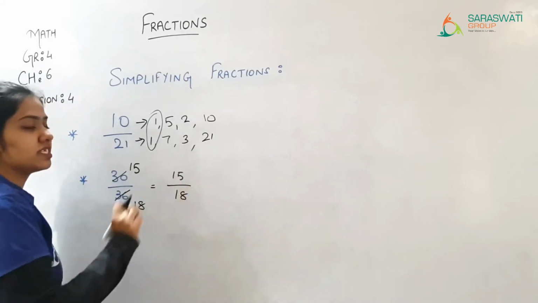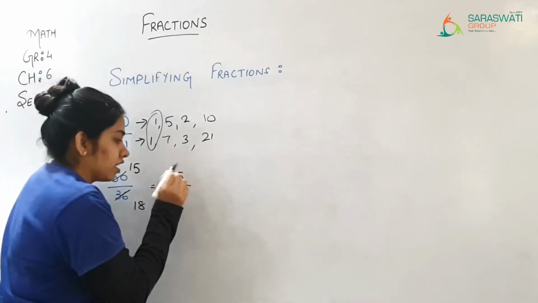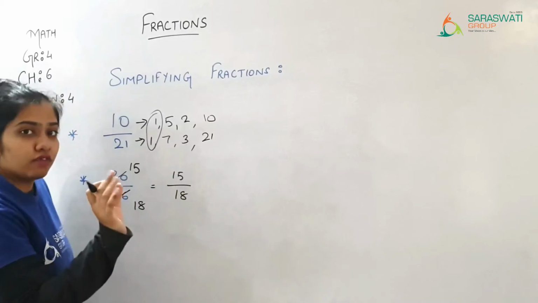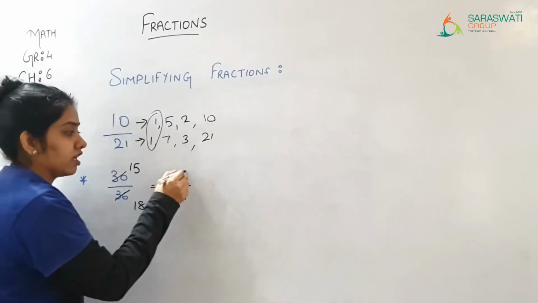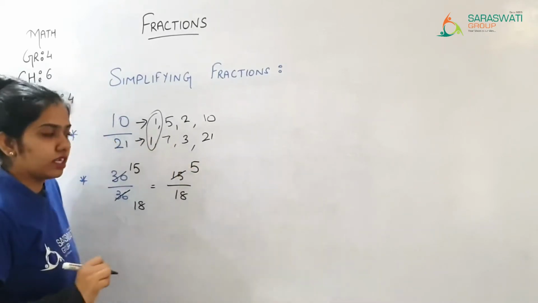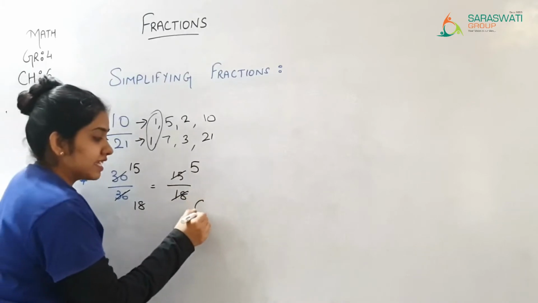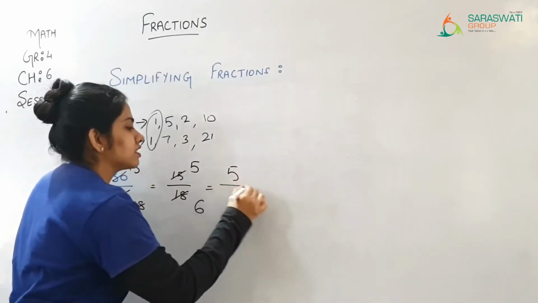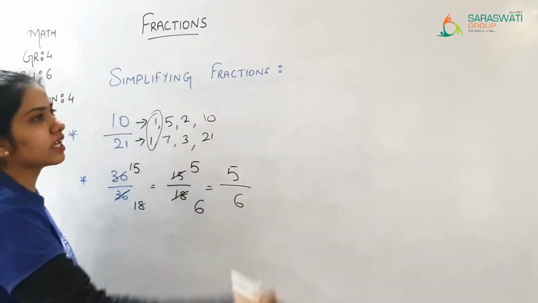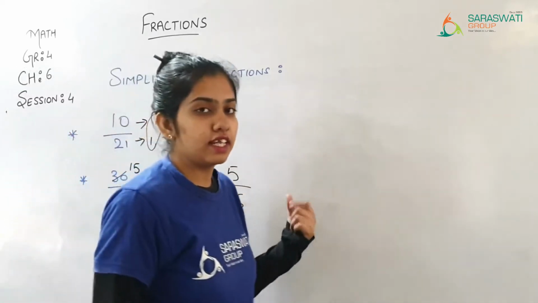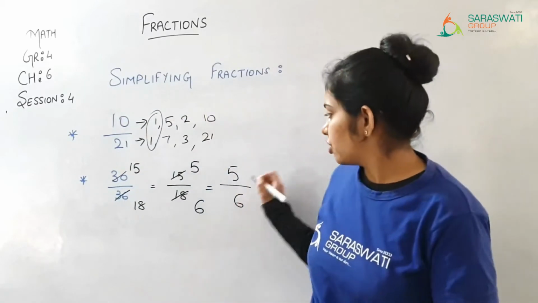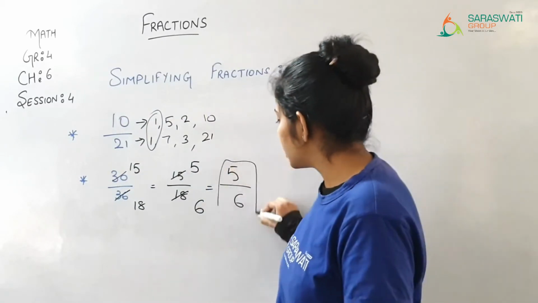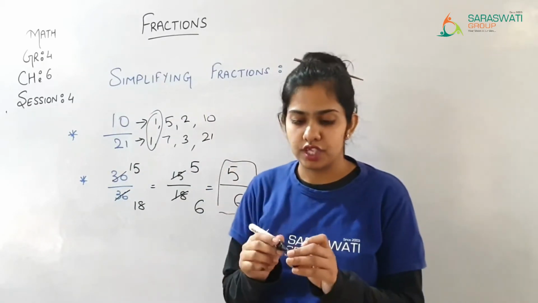Now we will divide by 3. 3 5s are 15 and 3 6s are 18. So now 5 by 6. After 5 by 6, no other common factors will come other than 1. So 5 by 6 is now in the simplest form.